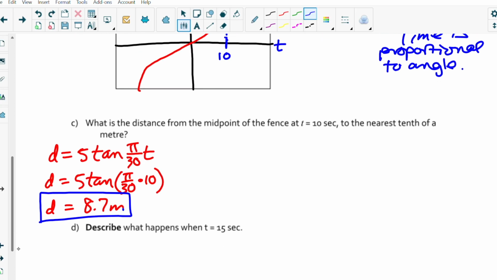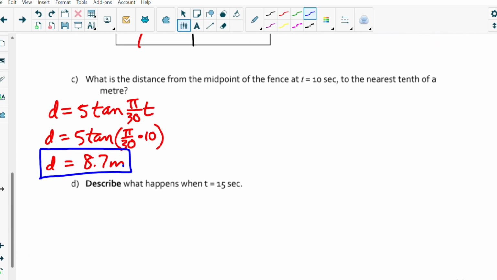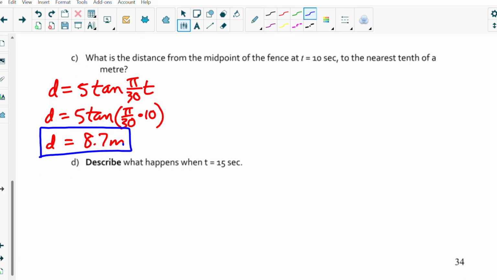Let's see. Describe what happens when t equals 15 seconds. Let me draw a series of triangles here. When I start, there's my theta value, or let's think of it in terms of time or theta. And this is d. And then here's my camera.